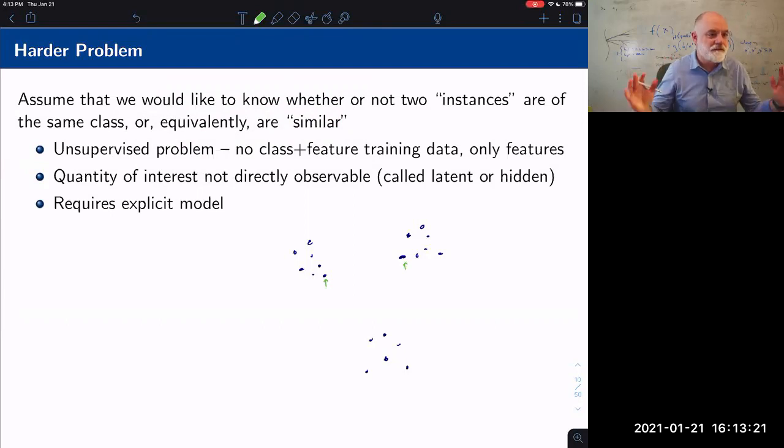Should we treat them as the same? Or equivalently, for any pair of points, is this point similar to this point? How would we go about doing this in a generative, Bayesian generative modeling capacity? What kind of model might we write down?